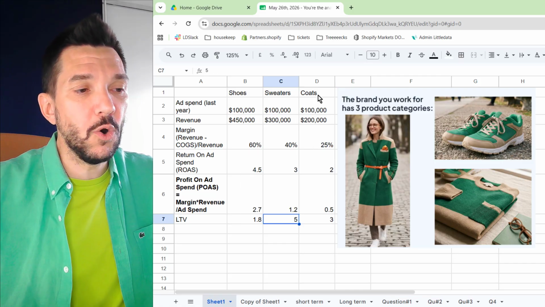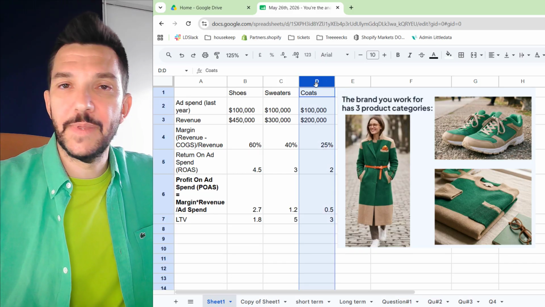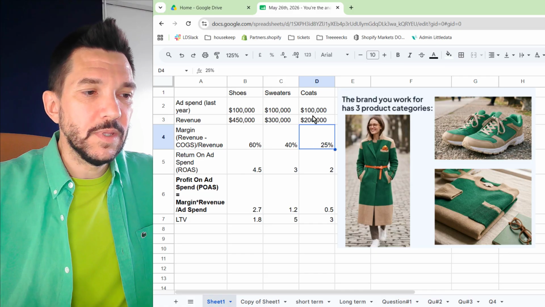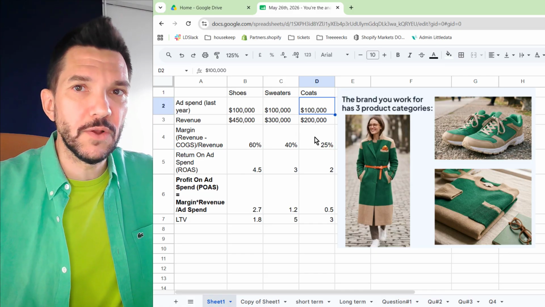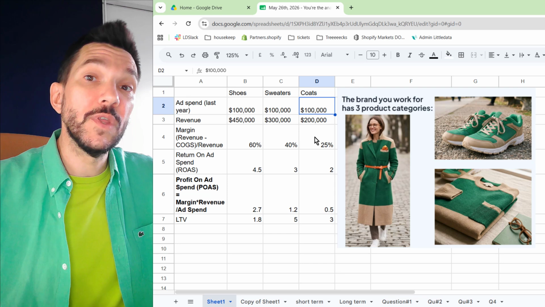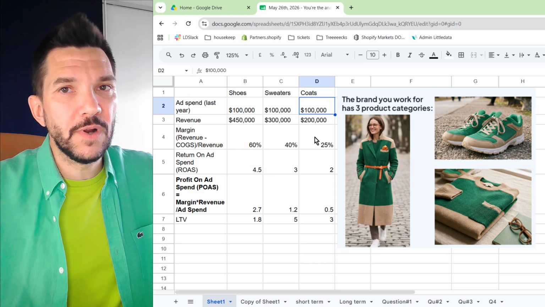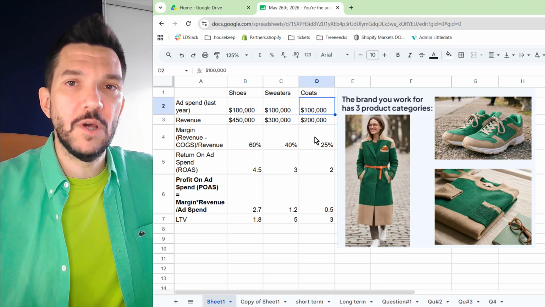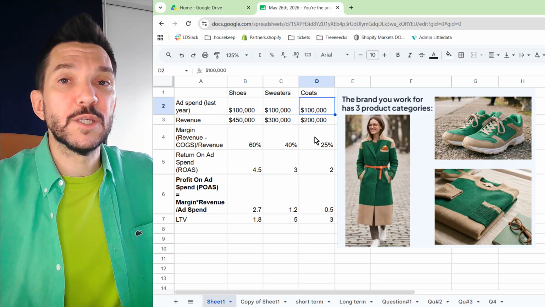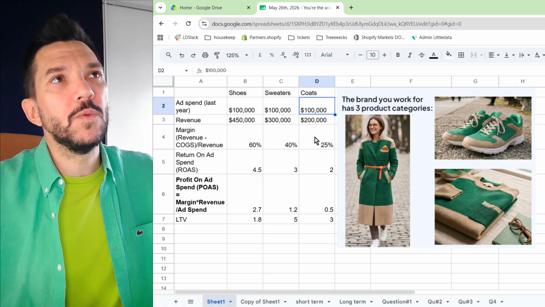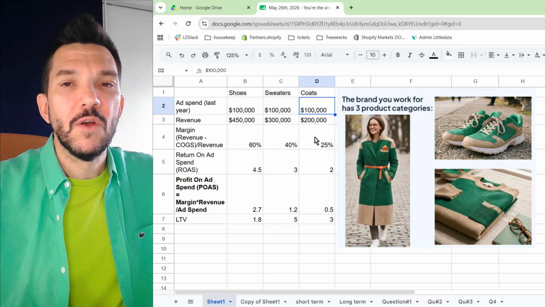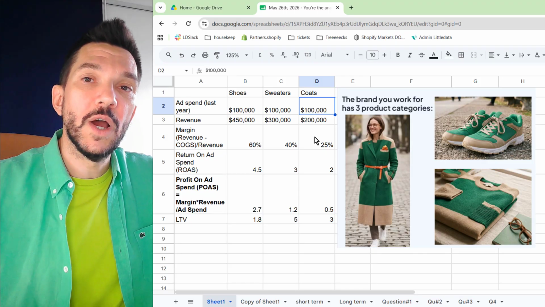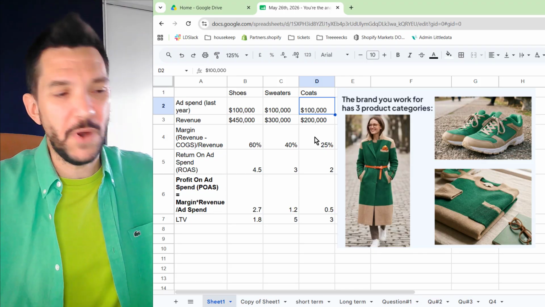And then we had coats, which were the latest addition to their product line, and the future was most uncertain with them because the immediate return was low, and the lifetime value was not that high either. But we're going to see how to spread the predefined 300,000 from your upper management across these three product categories in order to achieve the best possible result for the brand.